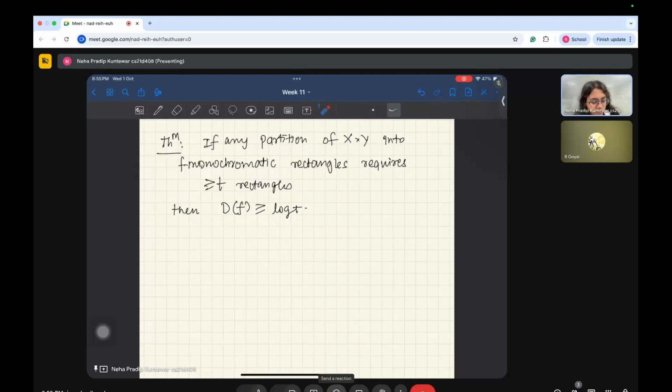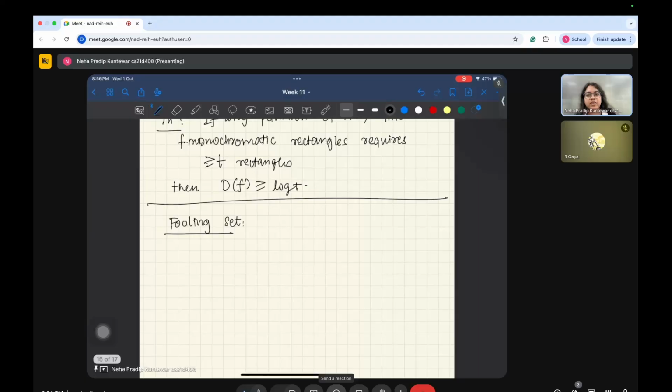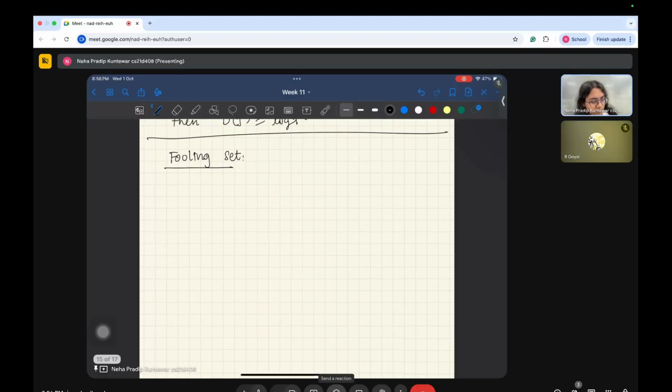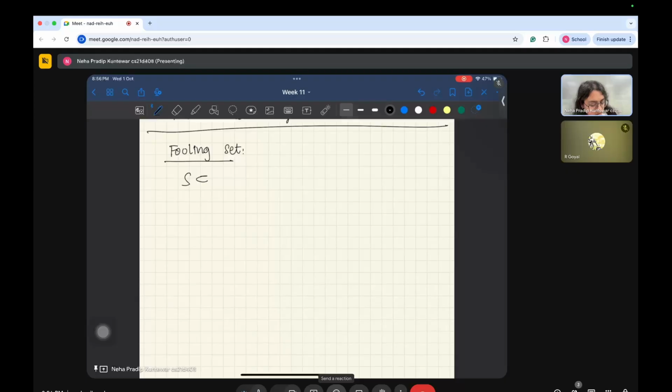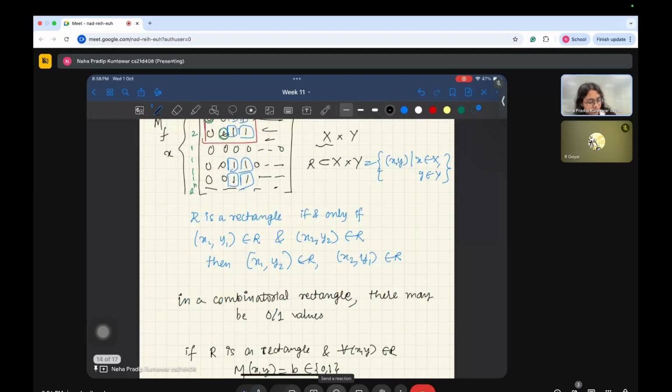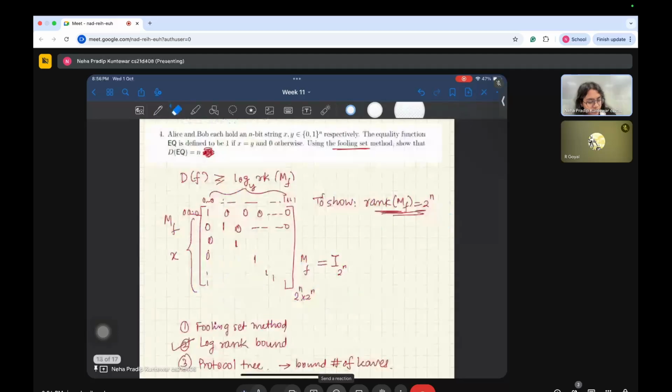Okay, and what is the fooling set argument? Let's define the fooling set first. A fooling set is something that is almost a monochromatic rectangle, but not quite. S is a subset of x cross y, like earlier R was a subset of x cross y.